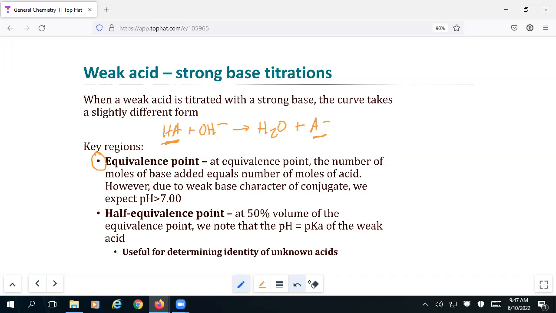And at that pH, that would be the pKa of the acid. That would do a lot to narrow our focus. And then we can do other analytical techniques to try to narrow down the field. Does this acid react with this kind of thing? Does it give you this kind of product?